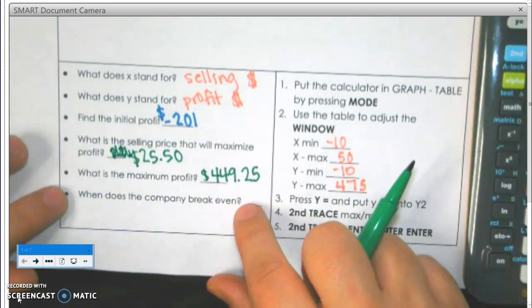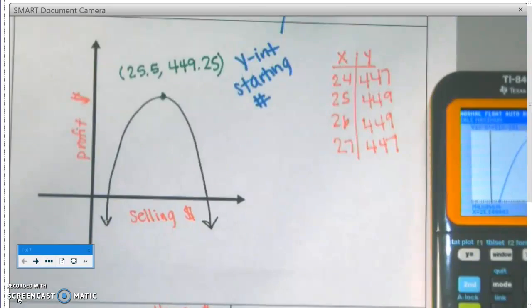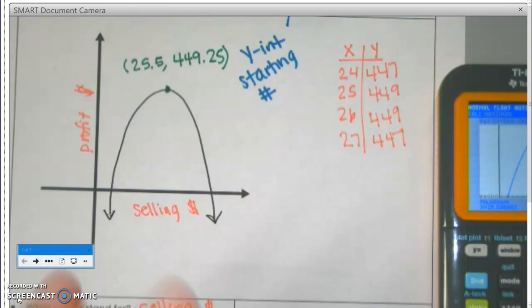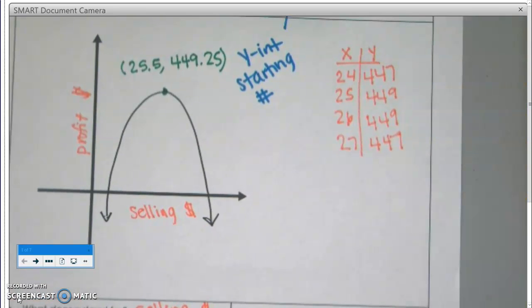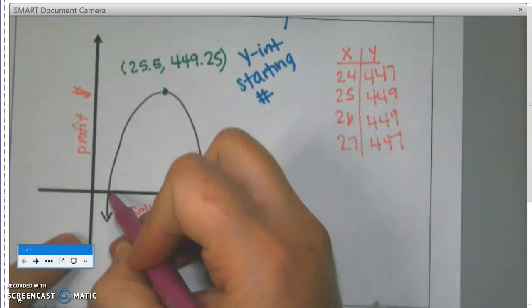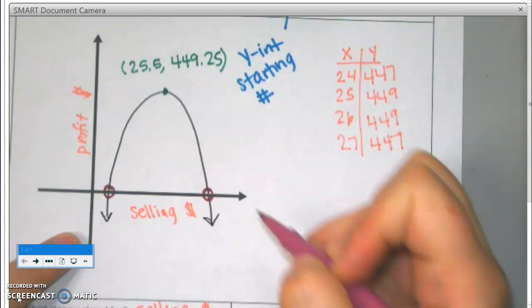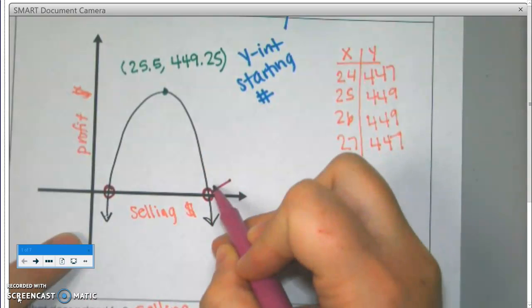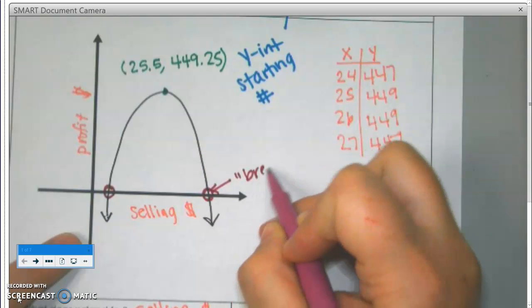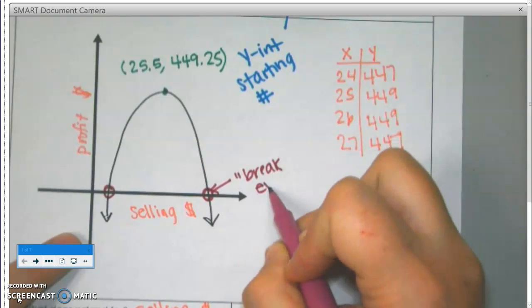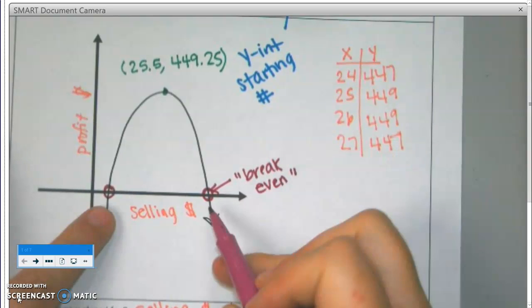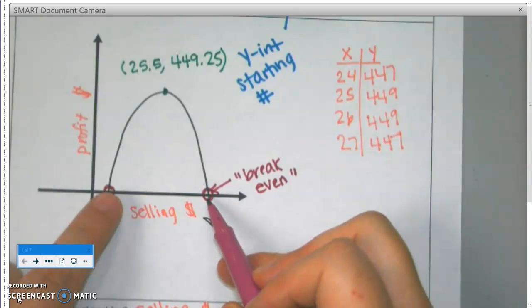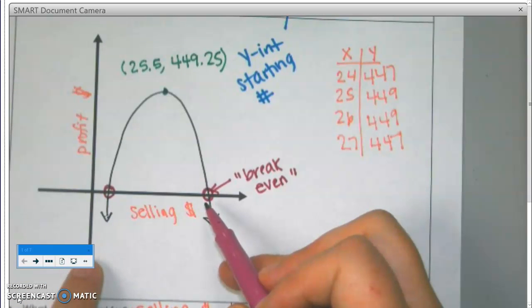When does the company break even? Break even means zero profit. It means they didn't lose any money, they didn't make any money. And the break even points are the x-intercepts. So it looks like there are two places where this is going to break even because it started off in the negative.